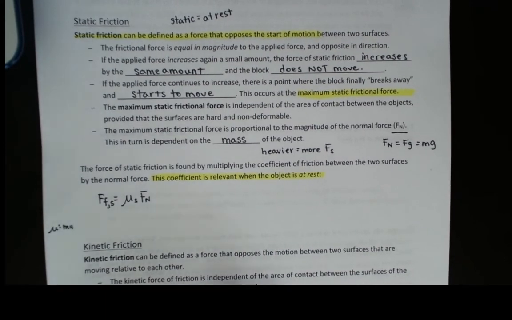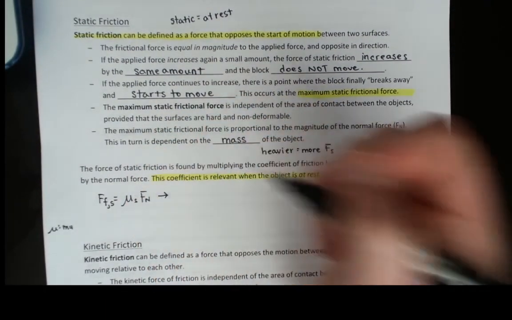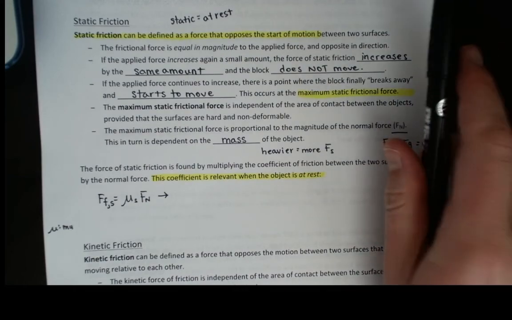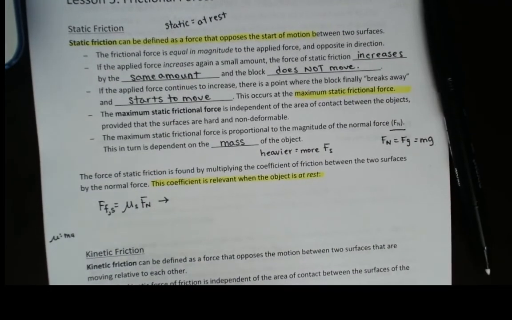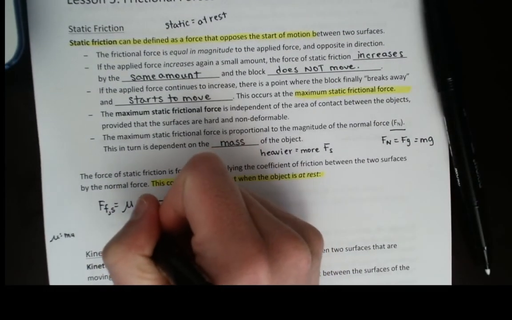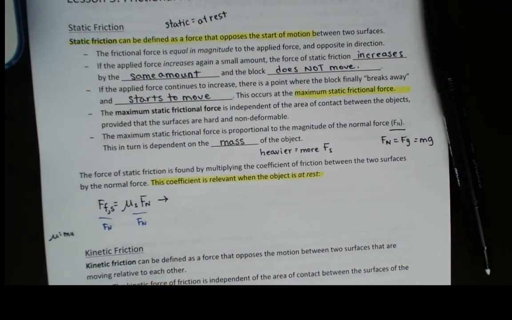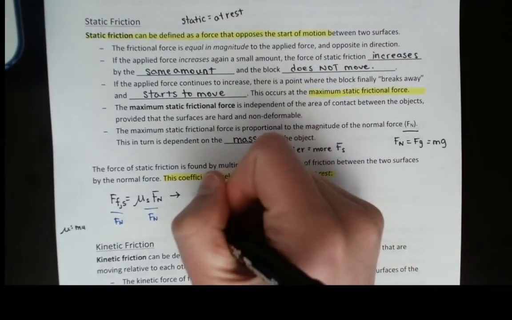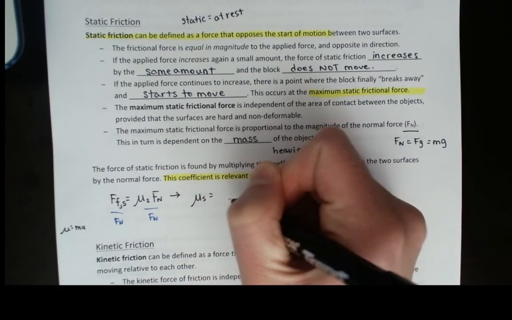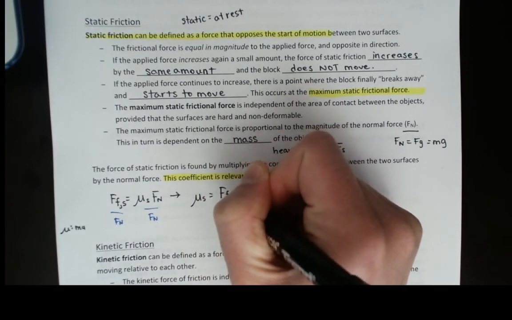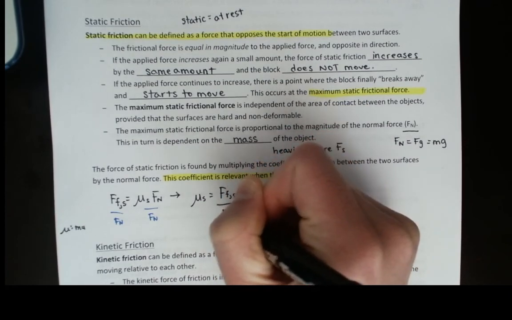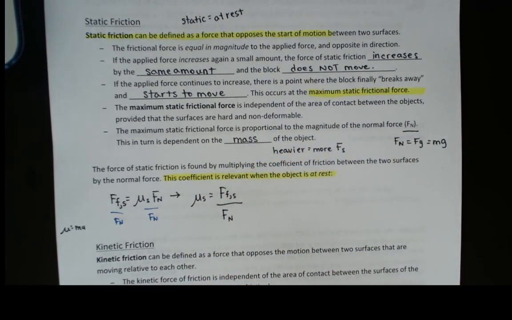We can rearrange this for mu by itself. To get mu all by itself, we divide both sides by the normal force. So the coefficient of friction is a ratio between the force of static friction and the normal force.